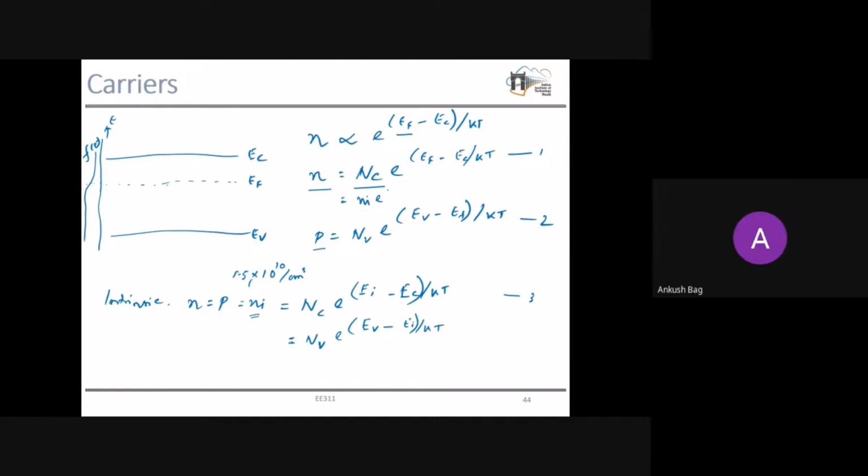Here we will have this exponential term, but this will be different.